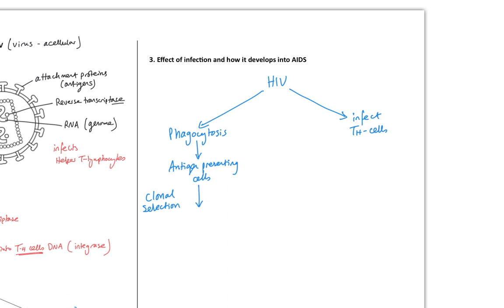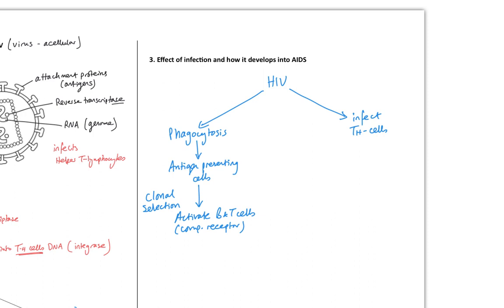where we look for a B cell and a T cell with a complementary receptor. So that's when we then activate B and T cells that have a complementary receptor to the antigen.